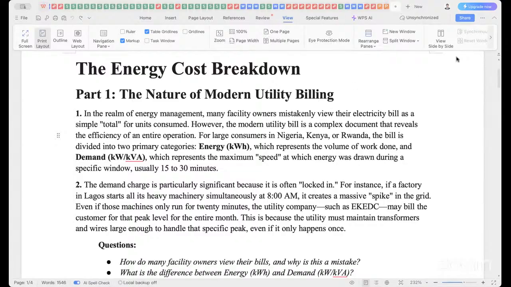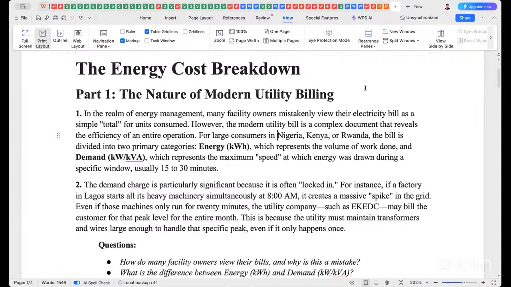In the realm of energy management, many facility owners mistakenly view their electricity bill as a simple total for units consumed. However, the modern utility bill is a complex document that reveals the efficiency of an entire operation.